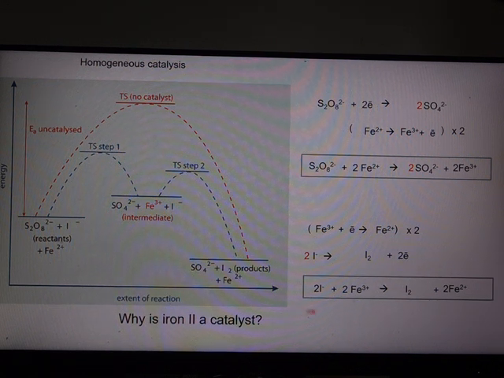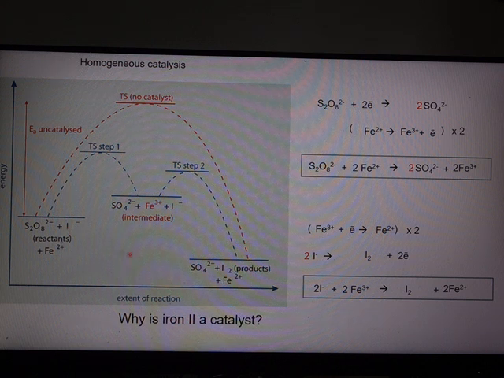So you can see that overall thiosulfate has turned into sulfate, iodide has been oxidized to iodine.